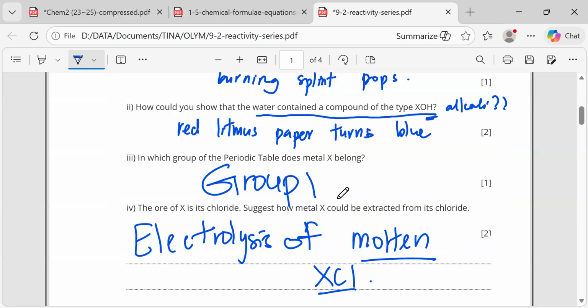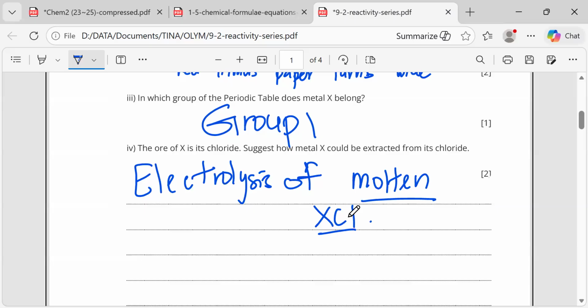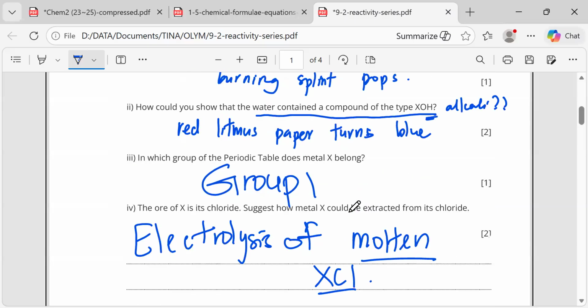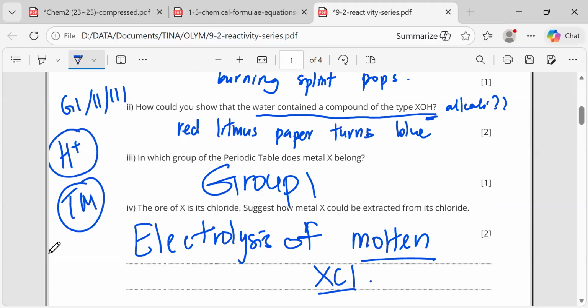Just now, if I want to get hydrogen, if it's group one, two, three, and hydrogen, I choose hydrogen. If it's transition metal, I choose transition metal. Now I'm telling you, I want the group one. If I use aqueous, I will get hydrogen. So I must use something with no hydrogen. So what is no hydrogen?